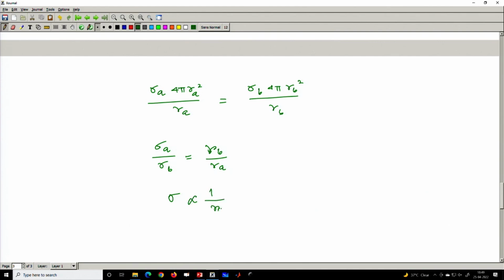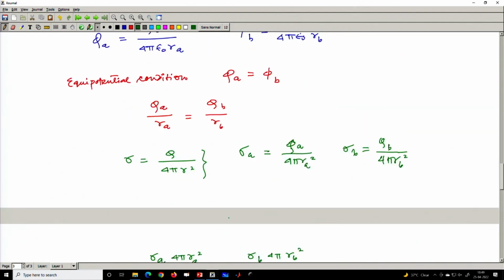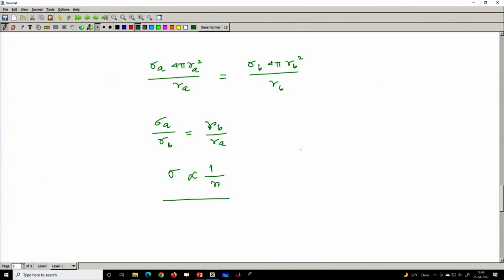So, in this case the charge will be distributed such that sigma B is greater than sigma A, as R A is greater than R B, because it is inversely related, right. This is the condition I get.